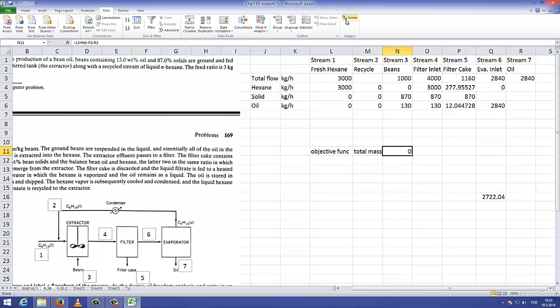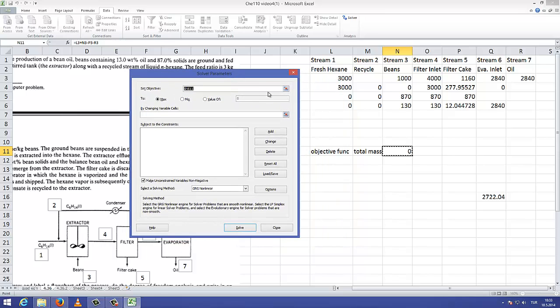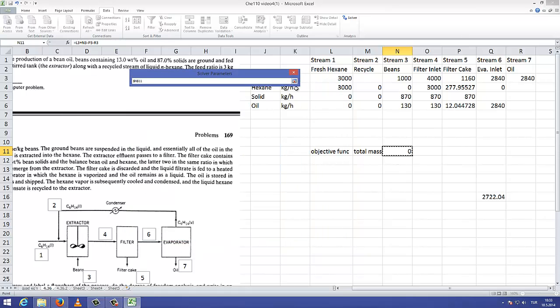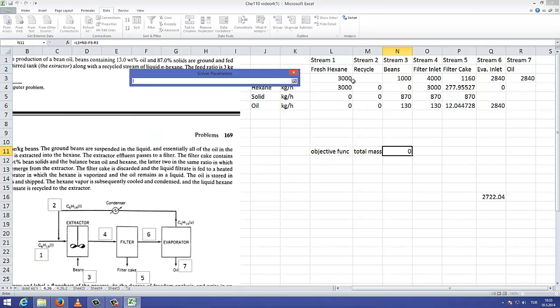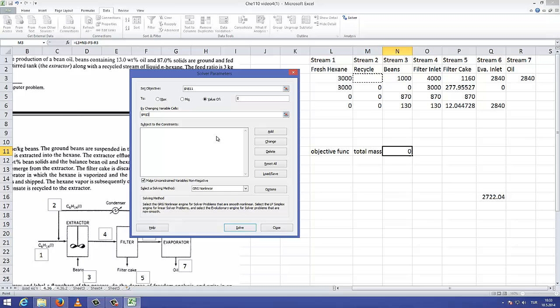So again, I'm going to go into the solver section. I want this value to be set to 0, by changing this recycle. I want every unconstrained variable non-negative, because these values cannot go negative.